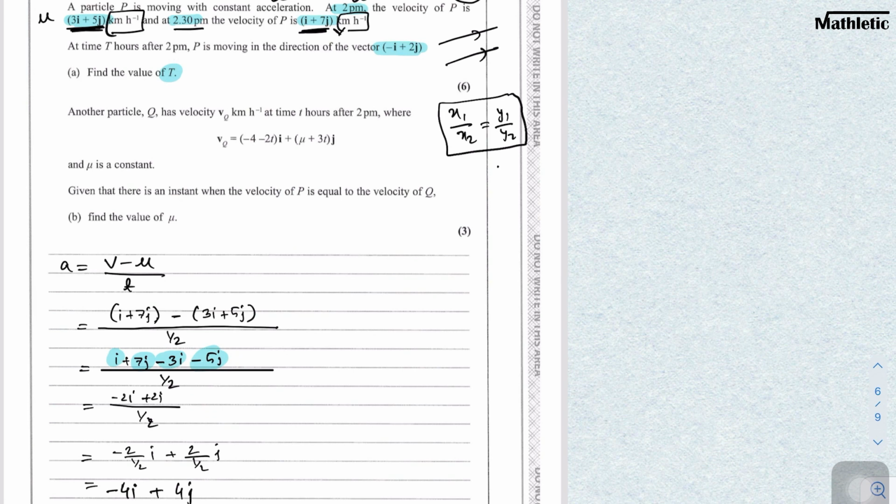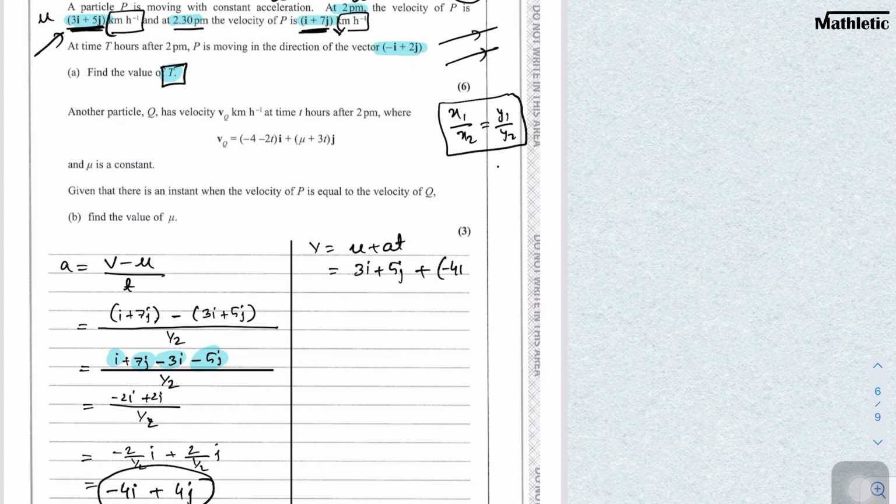Okay, so for that, we actually need the value for the velocity. Velocity at time t. So v equals u plus at. u is this, acceleration is minus 4i plus 4j, and t is in terms of capital T. So if we simplify this and multiply this t with both of these coordinates, we get minus 4ti plus 4tj.